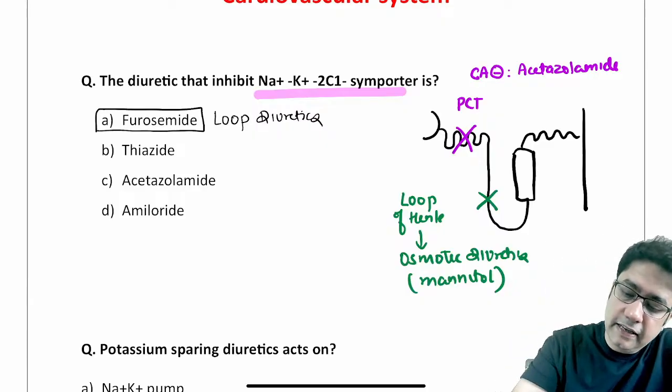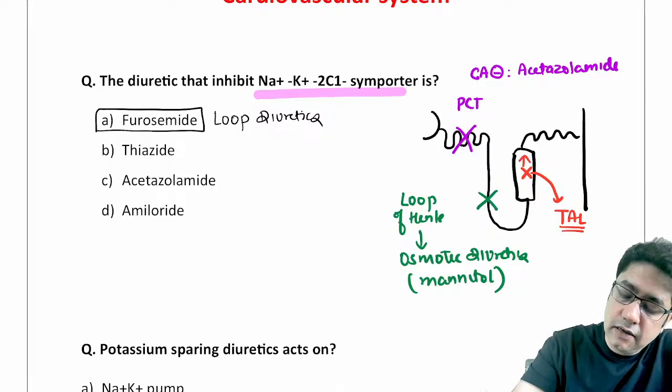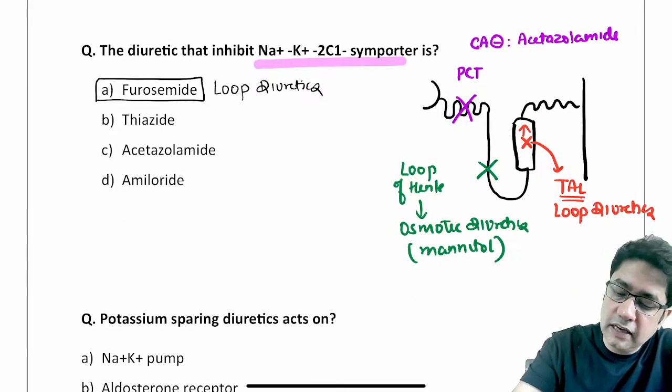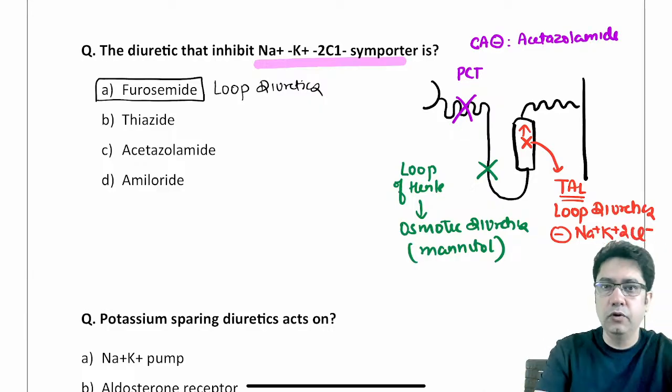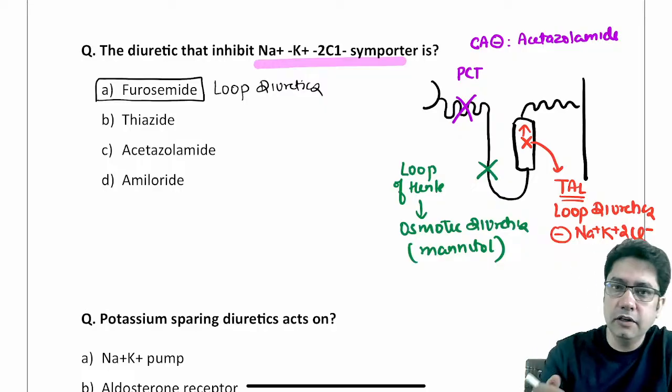Then we have a diuretic that acts on the thick ascending limb of the nephron, and the diuretic is loop diuretics. Loop diuretics inhibit one transporter on the thick ascending limb, that is the sodium potassium 2 chloride transporter.